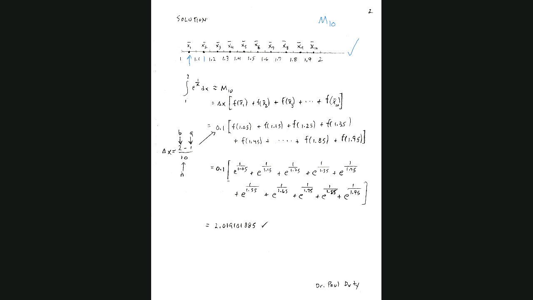So this is 1.05, and I'm not going to draw all the values in, but what's halfway between 1.1 and 1.2? What's the midpoint there? Good, Tina. 1.15, and so forth.